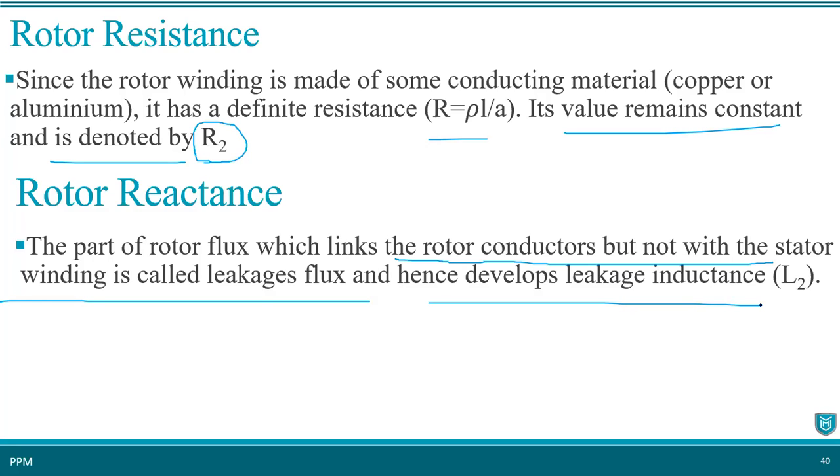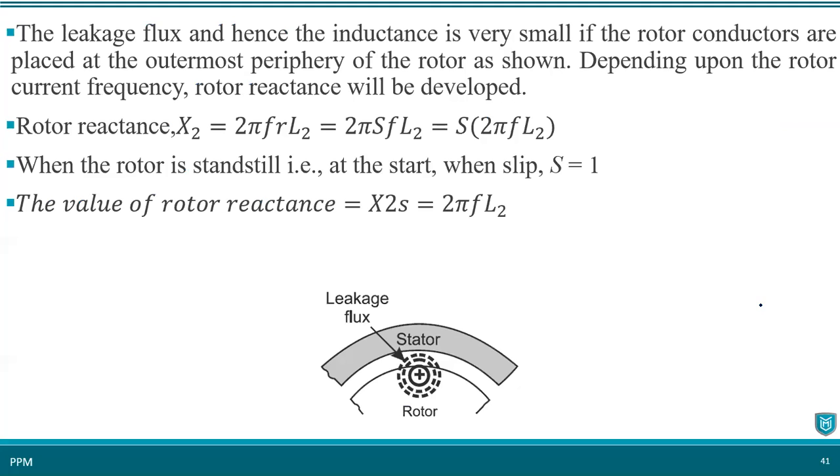And if you consider L2 as the inductance, then rotor reactance will be X2 is equal to 2 pi F L2. The leakage flux, and hence the inductance, is very small if the rotor conductors are placed at the outer periphery of the rotor. We're talking about this condition.